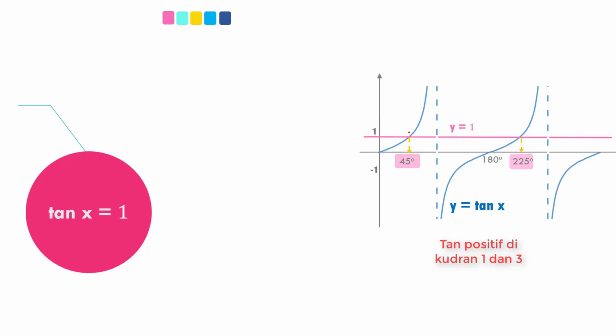This also confirms that tangent is positive in quadrant 1 and in quadrant 3. From the graph, we obtain that the solutions of tan x equals 1 are x equals 45 and x equals 225.